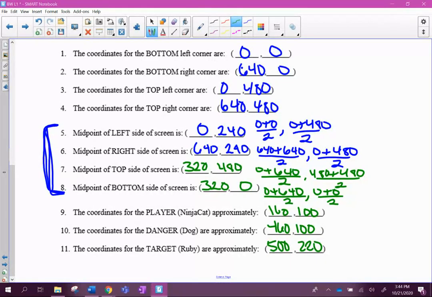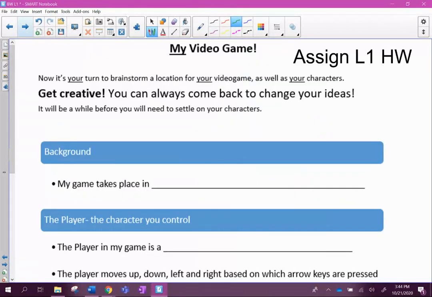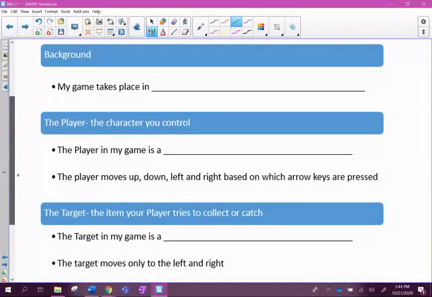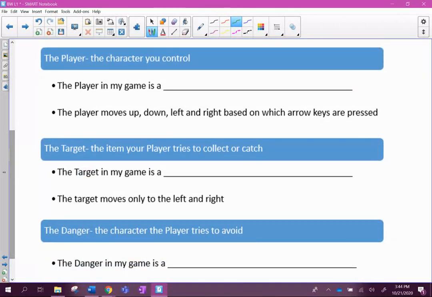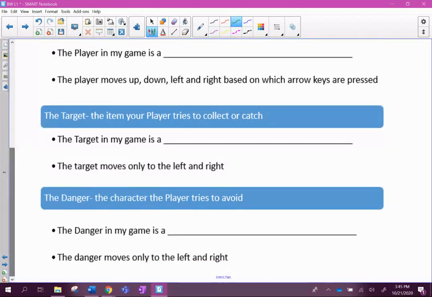Okay, so let's see. The next thing here is for you, just right now, I want you to brainstorm what you want your video game to be. So you're going to create a background or think about what your background would be, who you want the player to be, so who you have control over, what you want the target to be, so what they're trying to catch or collect, and then your danger, what you're trying to avoid.